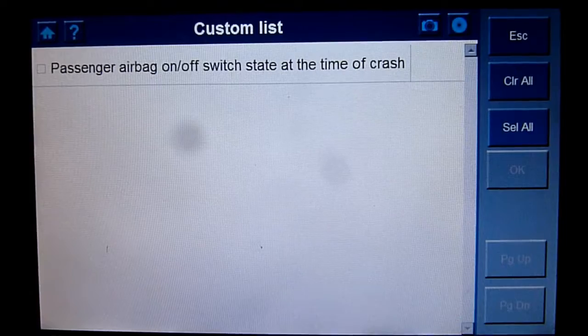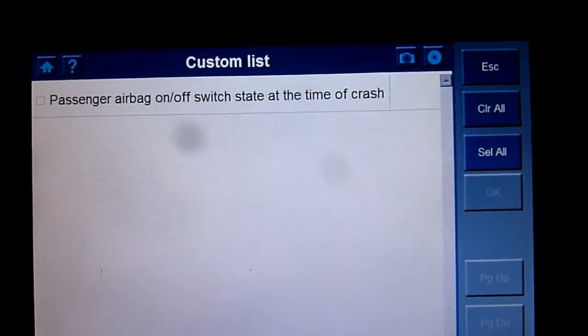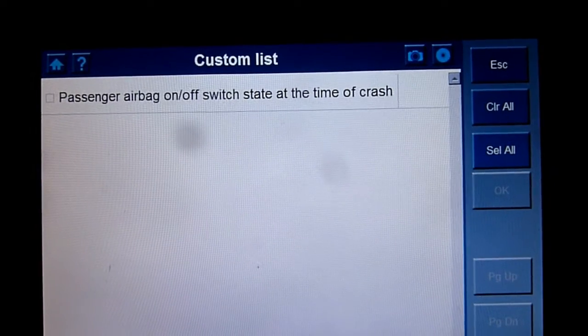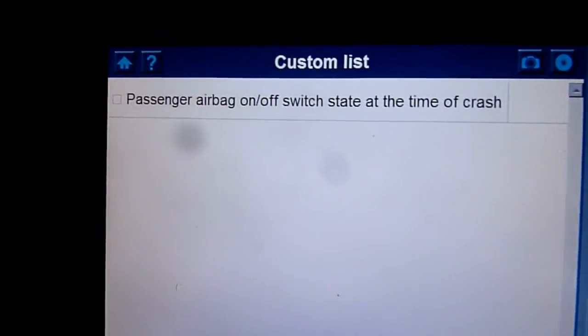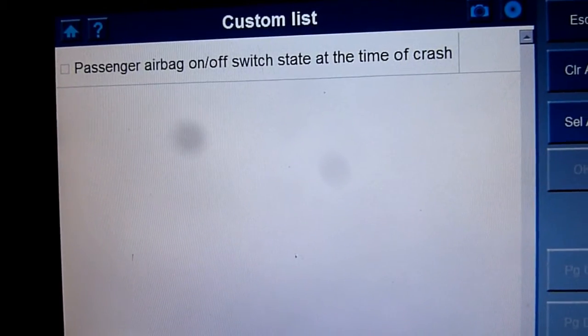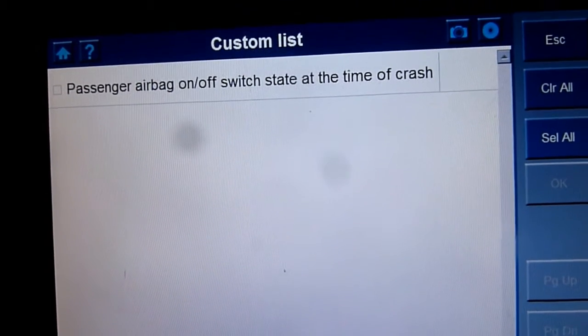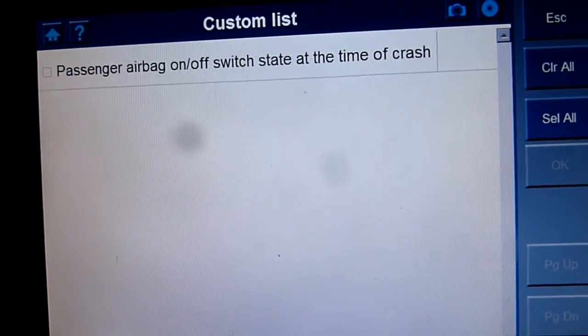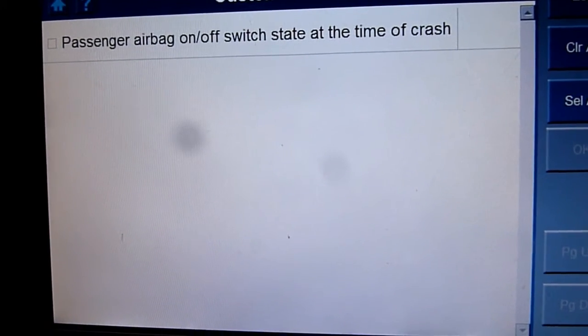Passenger airbag on off state at time of crash. Passenger airbag on off switch state at time of crash. Have you crashed it at all? No? It's on. Maybe.